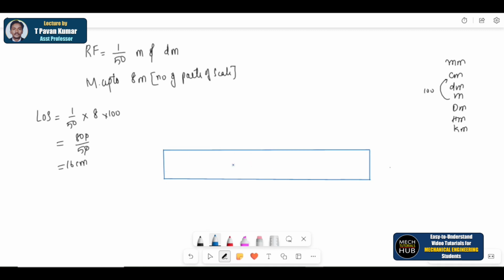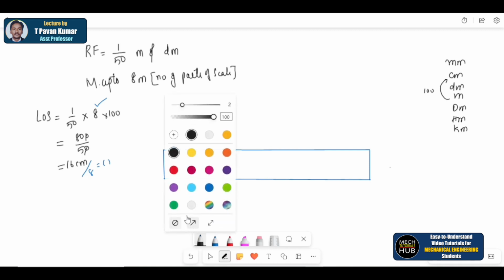Now, how many divisions do I need to make? 8 parts, clearly mentioned. Now I can make that easily. You can divide this into 8 using a compass, or use the old method. What is that old method?